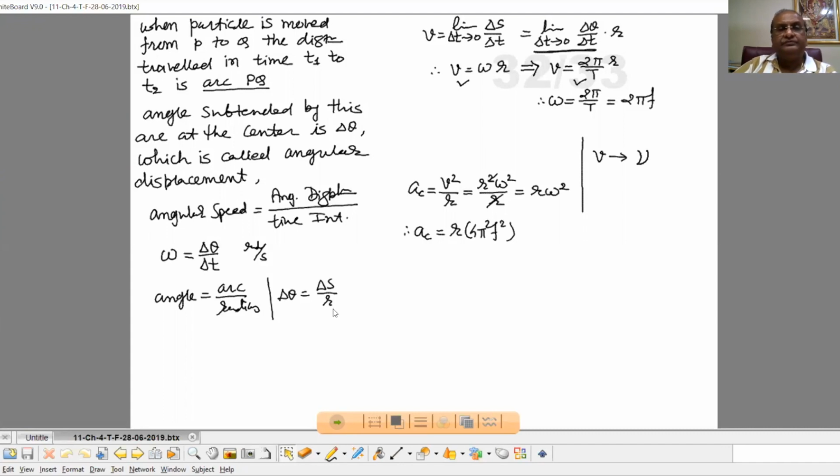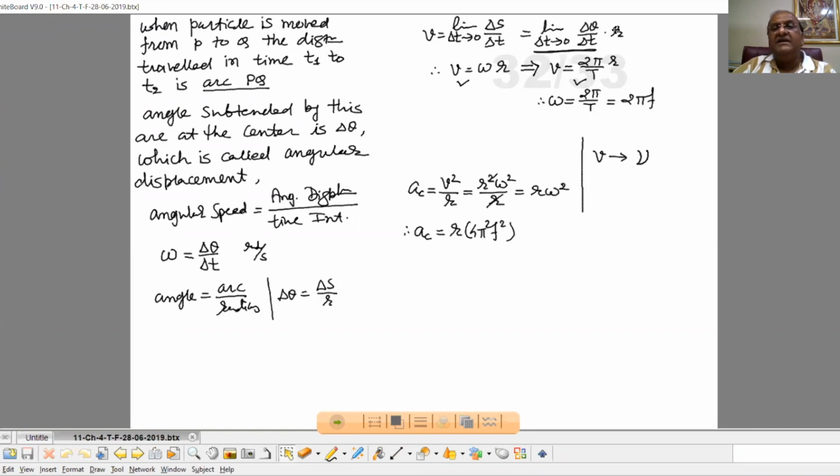Now, linear velocity v is limit delta t tends to 0, delta s by delta t, distance traveled upon time interval. So we can write limit delta t tends to 0, and now delta s we can write from this as r delta theta.